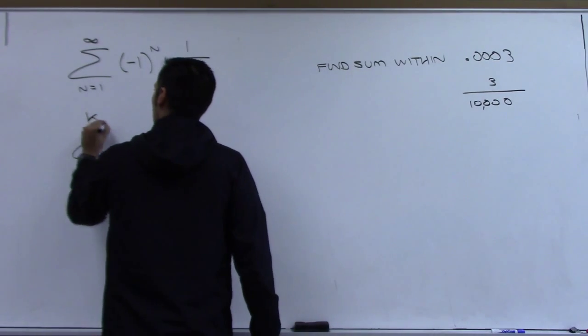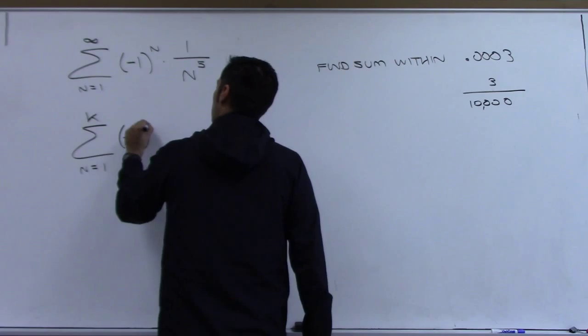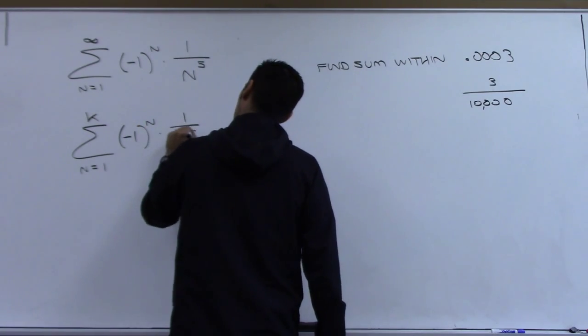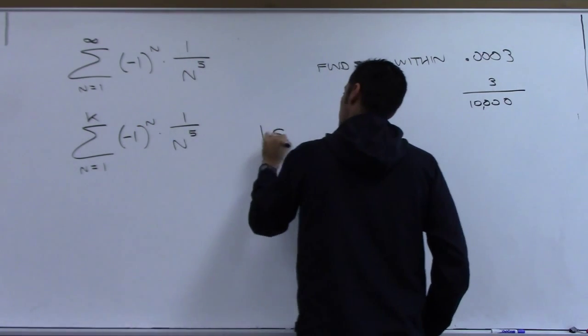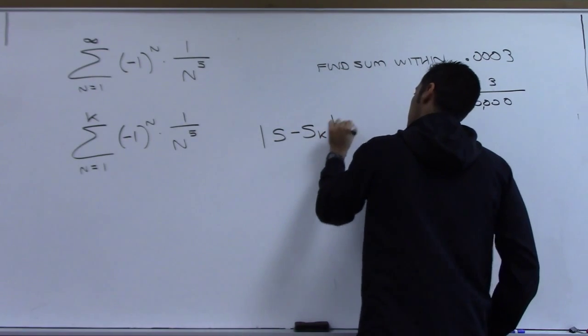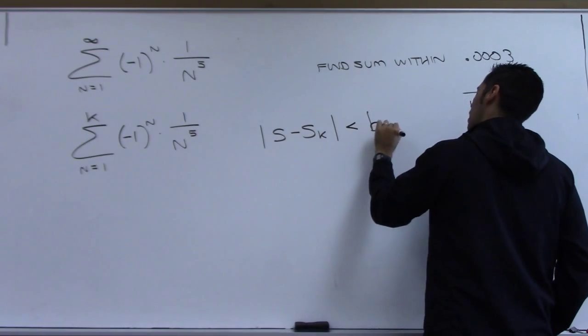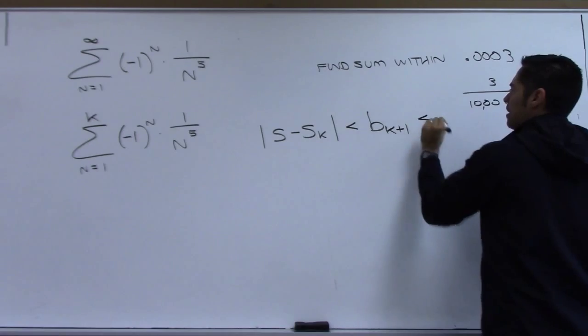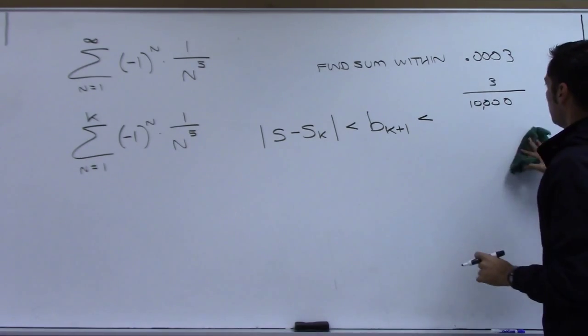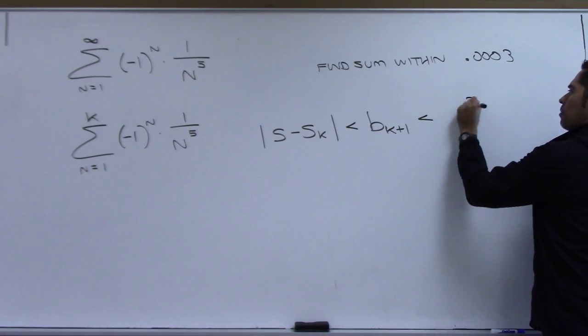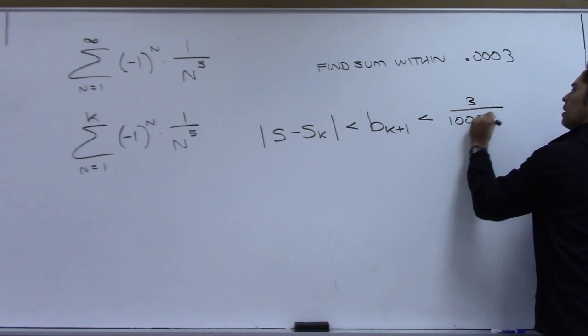The sum to k, right, is what we're trying to look at. And we know that the true sum minus s sub k must be less than b sub k plus 1, which must be less than, in order for this to work, 3 over 10,000, right?